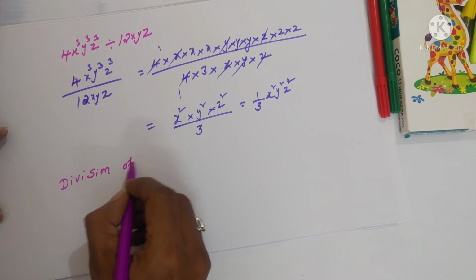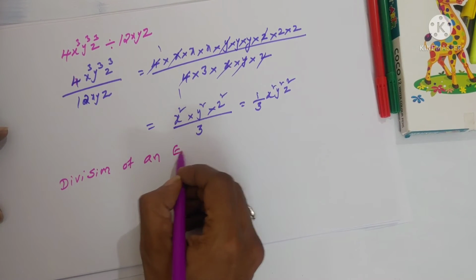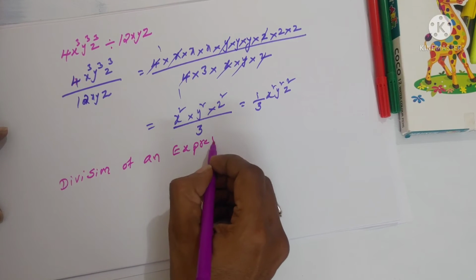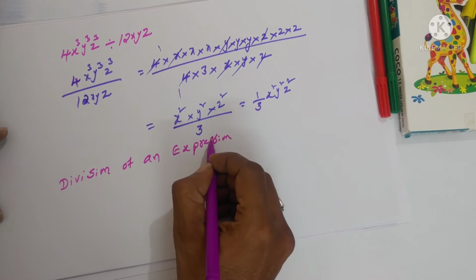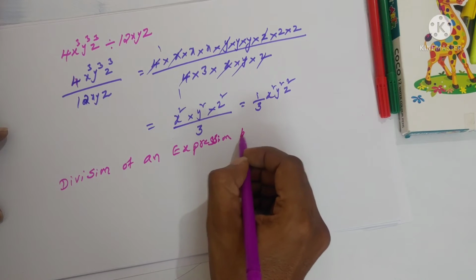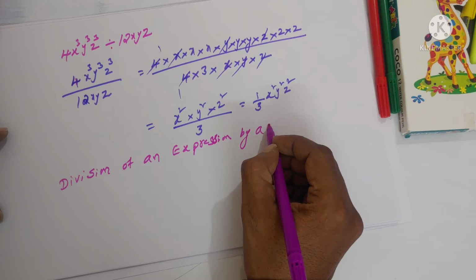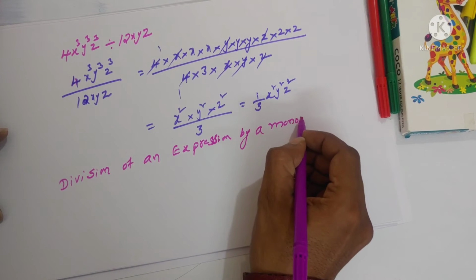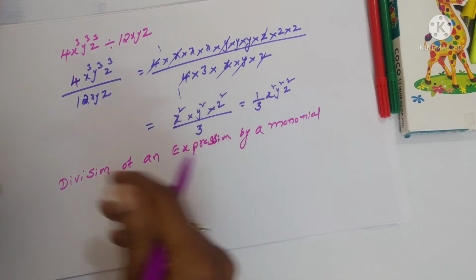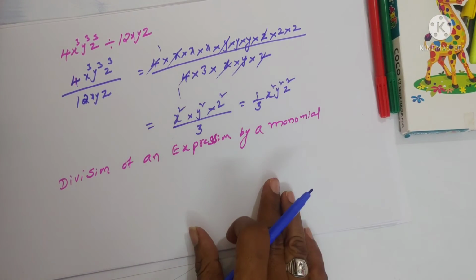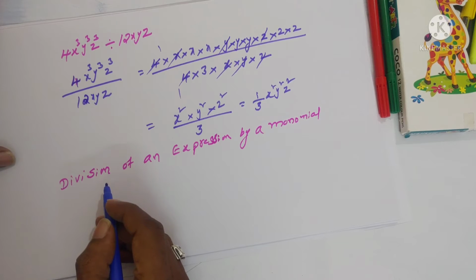So, division of an expression by a monomial. Consider one sum here.